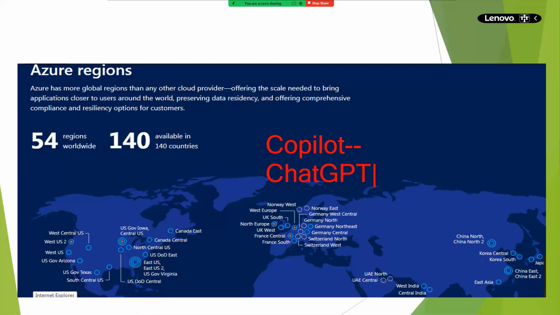With ChatGPT integration, they came up with a new product called Copilot. This Copilot is already integrated with Azure. It will be available next, maybe we can expect it in 6 months. It is in the testing phase. This feature doesn't exist in AWS. So nowadays, most clients are moving from AWS to Azure, trust me.